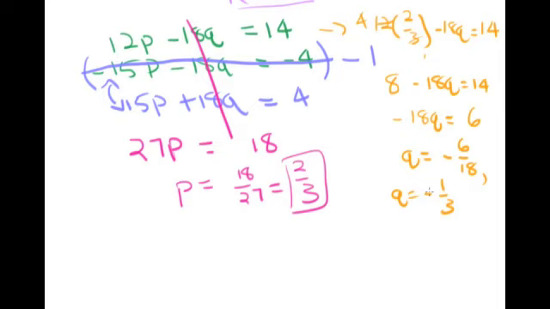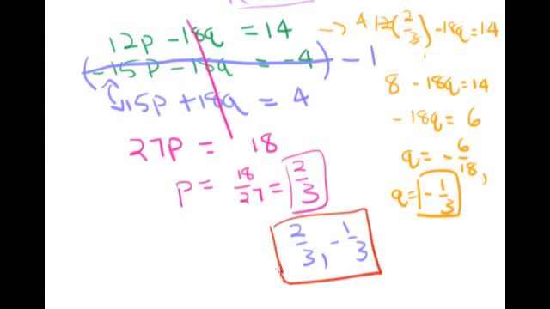So q is equal to negative 1/3. So our final answer for this one would be 2/3, comma, negative 1/3. And that is how you do this.